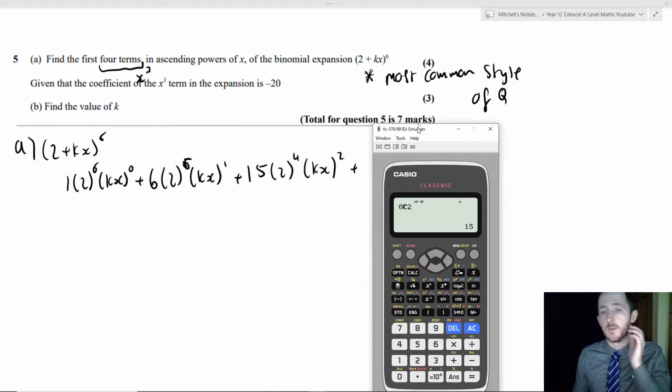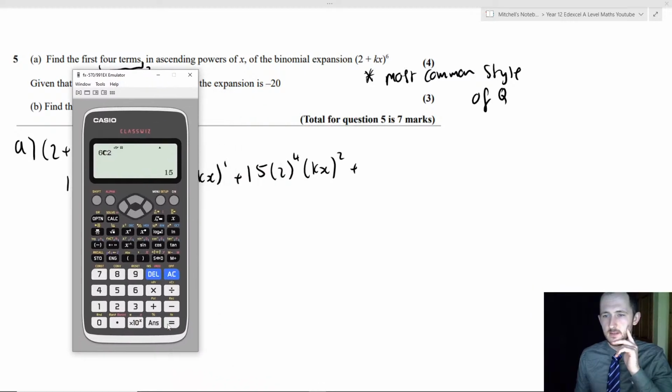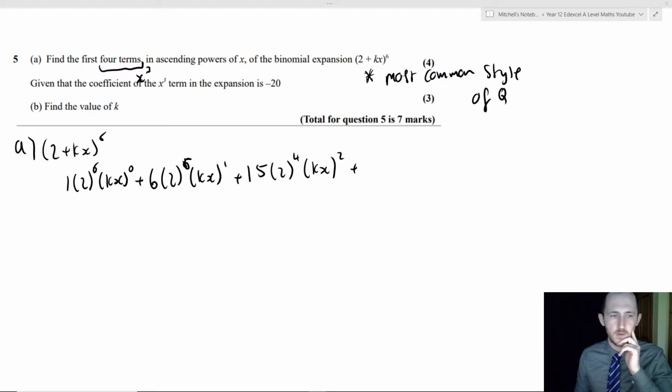So what I like to do is when I read the first 4 terms, if you notice, I immediately wrote x cubed, right? So that's in mind. Also, we're lucky. It gave us the coefficient of x cubed. So if you only did 3 terms and you saw it said x cubed, you'd probably be reminded that you need to change question A. But normally they give like x squared or the x term, in which case you're kind of screwed if you made a mistake in the first part. Wait, did I just do this one? Yeah, I did. So 0, 1, 2.